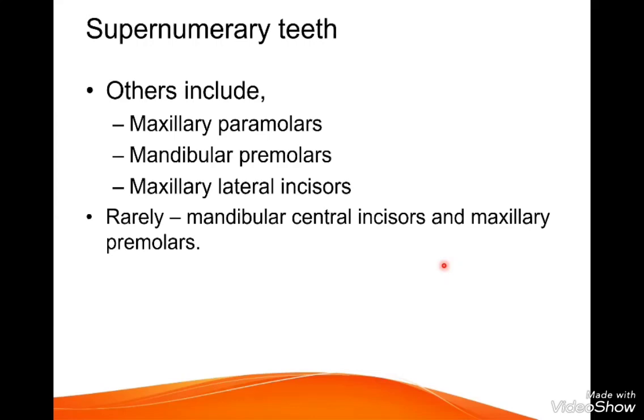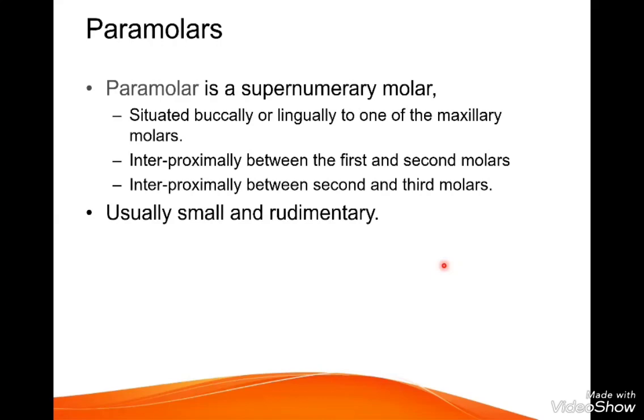So other supernumerary teeth include maxillary paramolars, mandibular premolars, and maxillary lateral incisors. So paramolars, they are a supernumerary molar which is mostly situated buccally or lingually to one of the maxillary molars, interproximally between the first and the second molars, or interproximally between the second and the third molars. They are small and rudimentary.